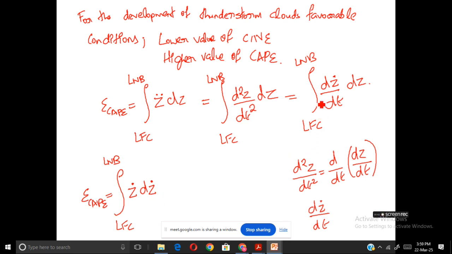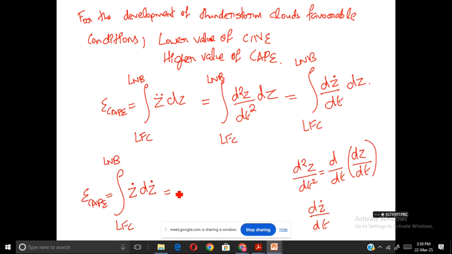Rearranging, dz dot by dt into dz becomes dz dot into dz by dt, and dz by dt is nothing but z dot. So it can further be written as z dot into dz dot.